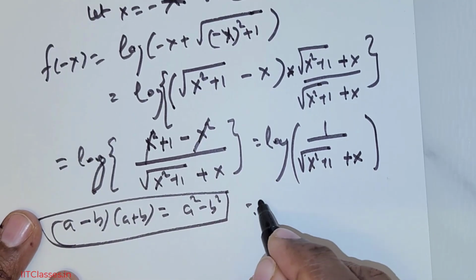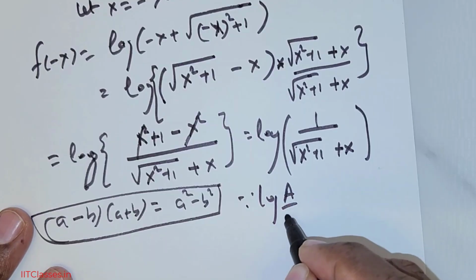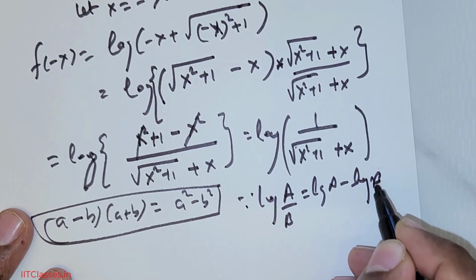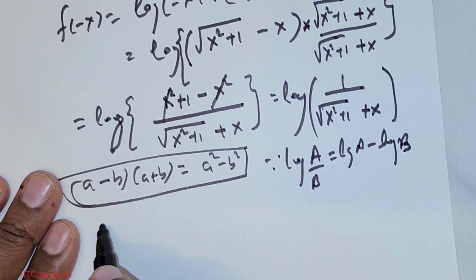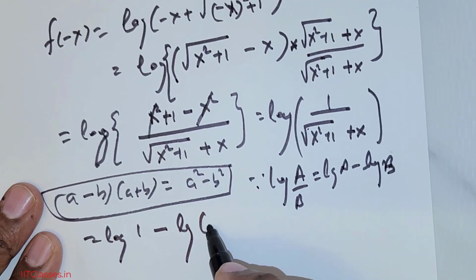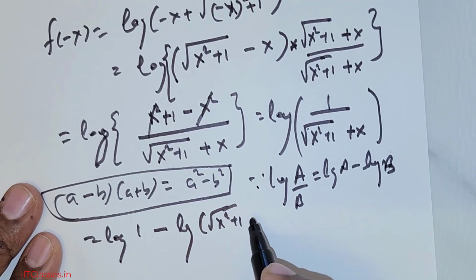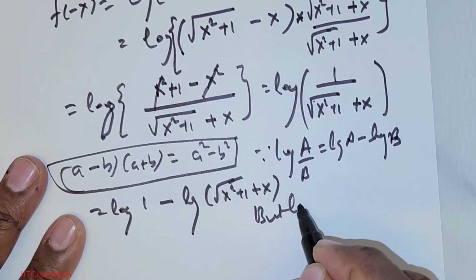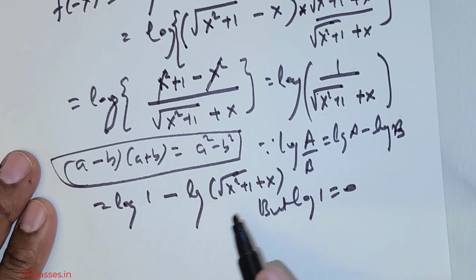Okay, now we know a formula: log of a over b is equal to log a negative log b. So this is going to be equal to log of 1 negative log of (root of x squared + 1 + x), right? But log of 1 is 0.